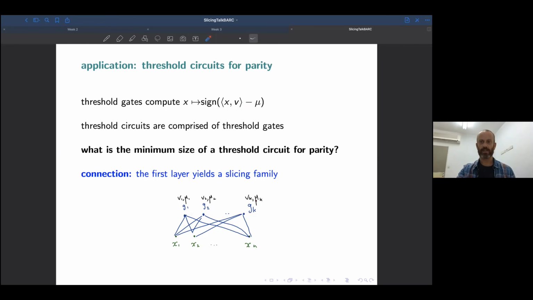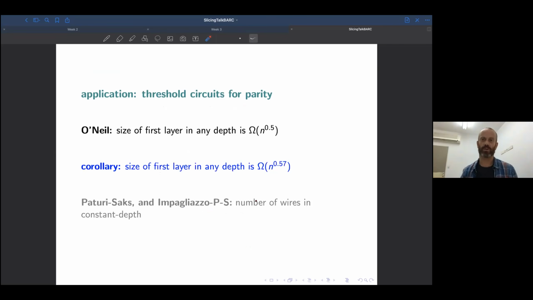Okay. So now we can immediately deduce some lower bound in computational complexity. O'Neill proved that the number of gates in the first layer is square root of n. And the corollary of what I said before is that a better lower bound is true.